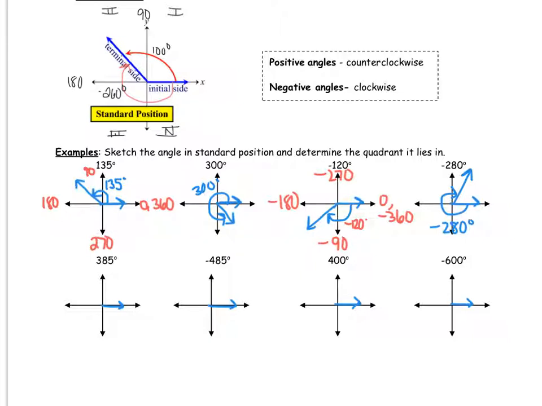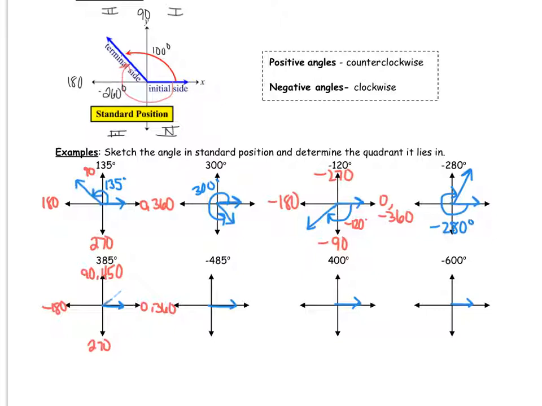Okay, these next four examples are over 360, so you just have to keep counting. For example, I'll do this first one with you. This is 0, 90, 180, 270, 360, add 90, 450, and so on. I stopped there because it said 385.